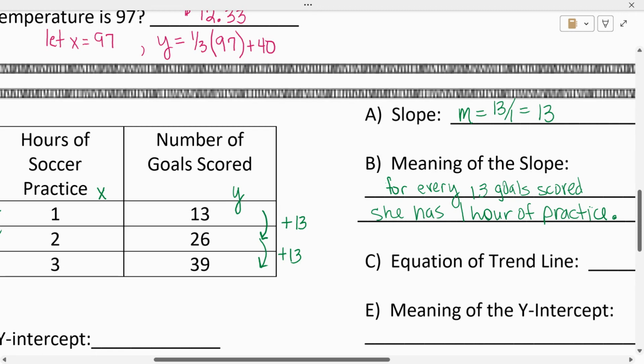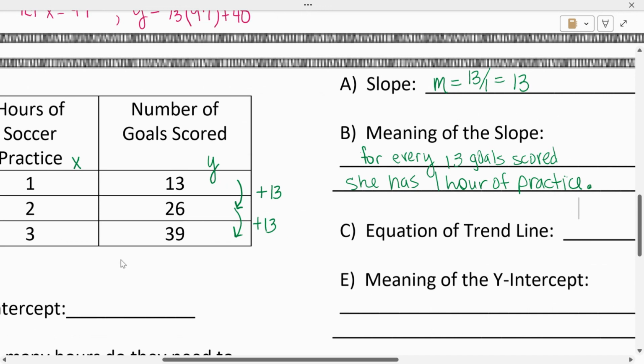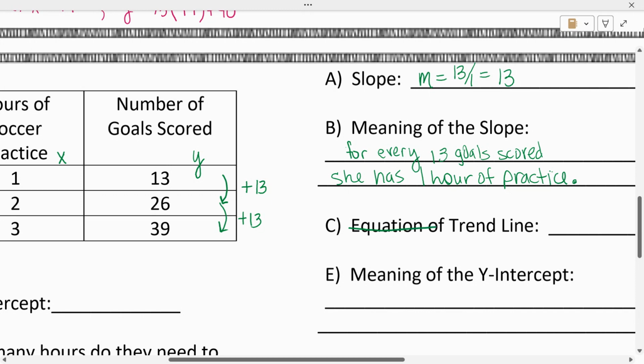One hour of practice. Okay. So I'm going to get rid of this word trend line again, and we're just going to call it equation in slope-intercept form.